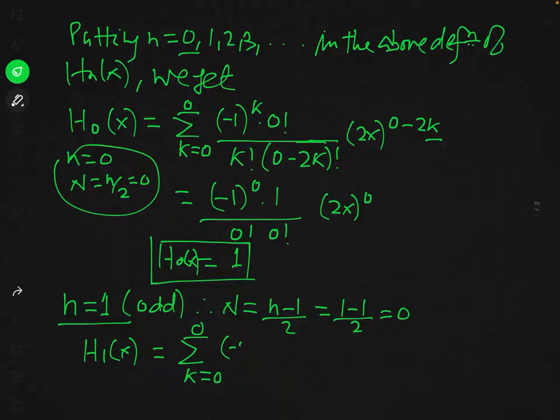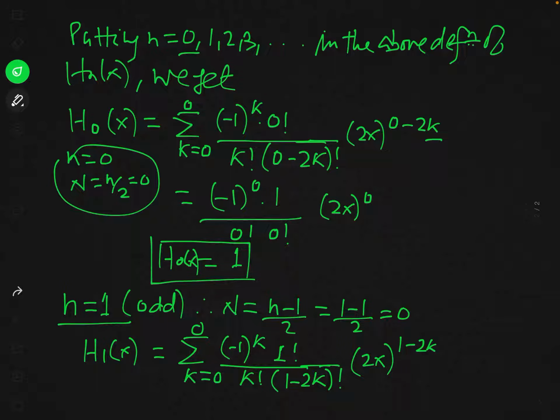So this is k from 0 to 0 again. From the formula, here is minus 1 raised to the power k times n factorial. Here n is 1, so this will be 1 factorial over k factorial times 1 minus 2k factorial, and 2x raised to the power 1 minus 2k.